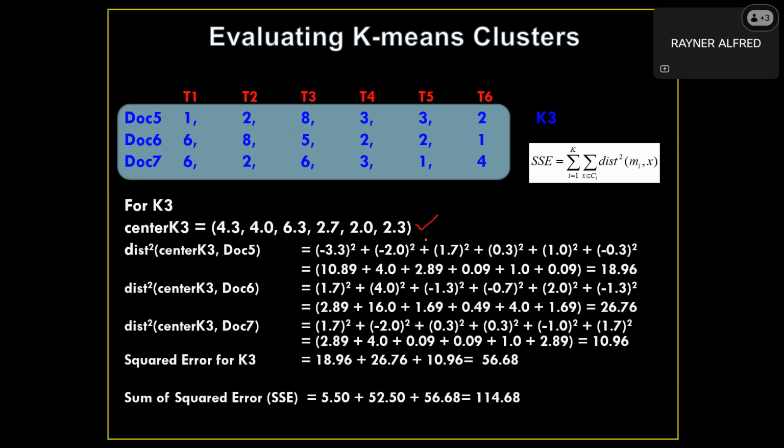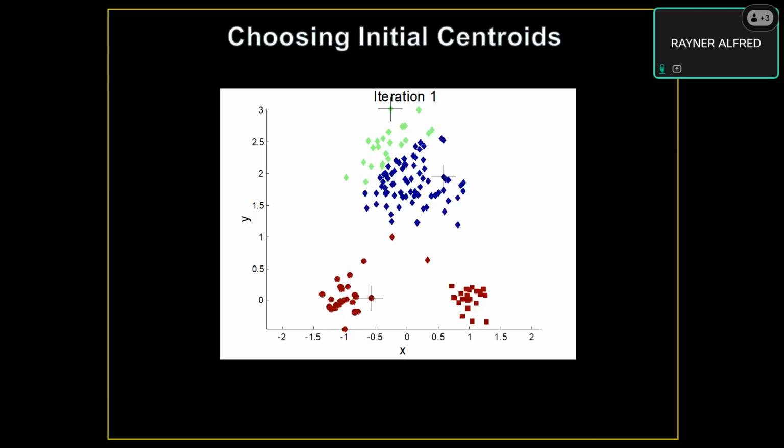We use the sum of square error for document 5 to the centroid, document 6 to the centroid, and document 7 to the centroid. We add up the values together, we get this. Okay, so to find the overall error, we need to add up all these values.